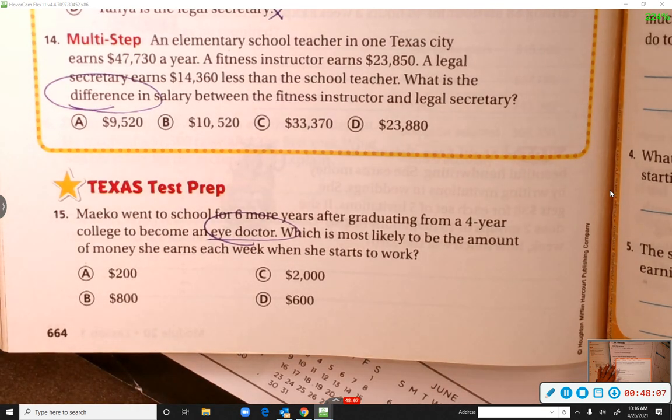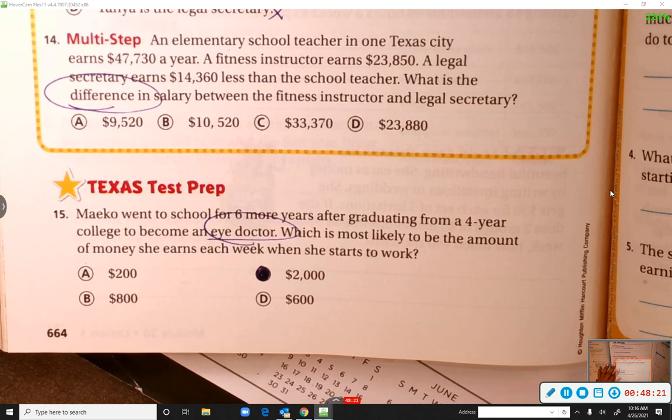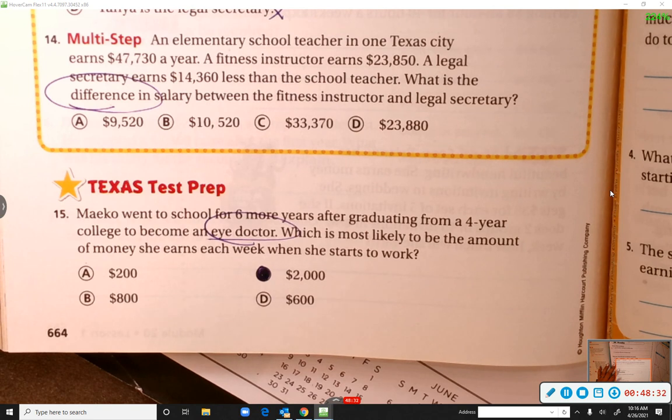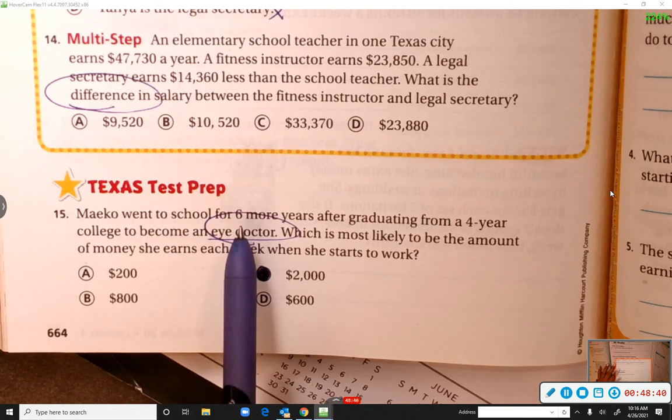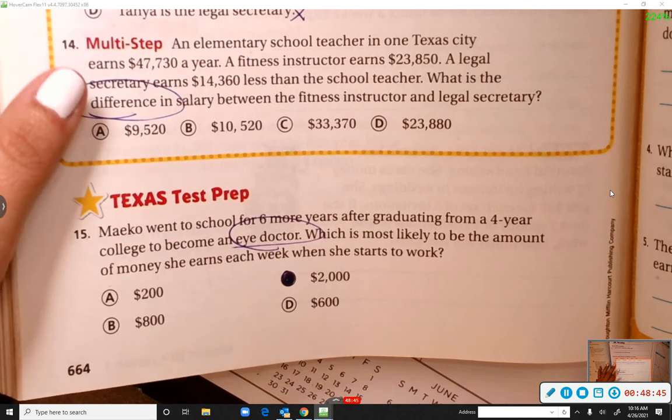It's going to be the greatest amount. Definitely not 200. Why would they get paid the most out of these answer choices? They went to school for a lot of years. They have a lot of knowledge and skills in their field, which is eye doctor. All right, y'all can put your books away.